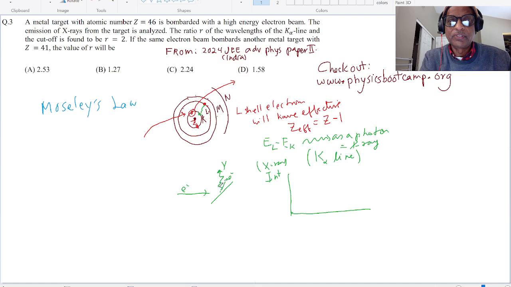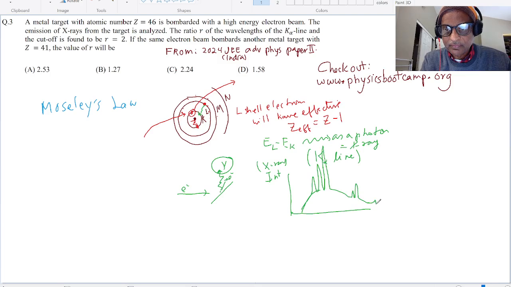In this process, the intensity will go like this, with K alpha, K beta, K gamma, etc. K alpha is the lowest energy.